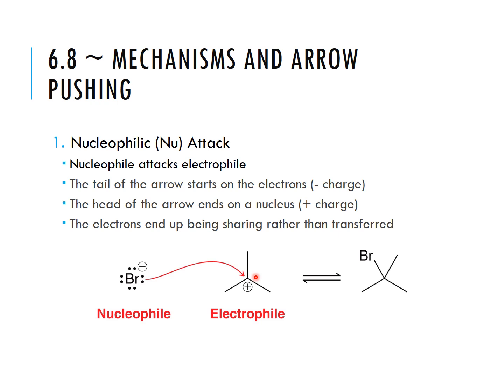If there needs to be another arrow, it will be because of resonance or electron flow. So the tail of the arrow, the start of the arrow, is at the nucleophile at that negative charge or partial charge, and then the head of the arrow is at that positive charge.